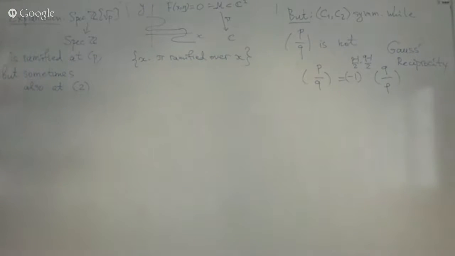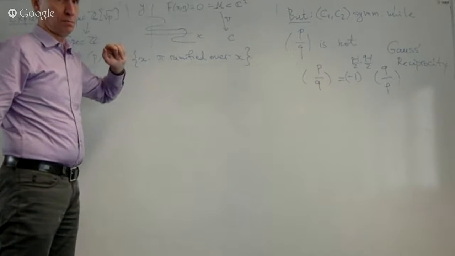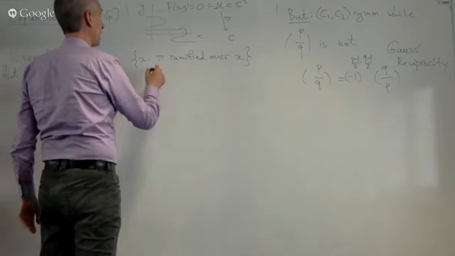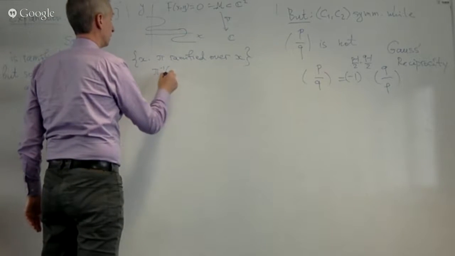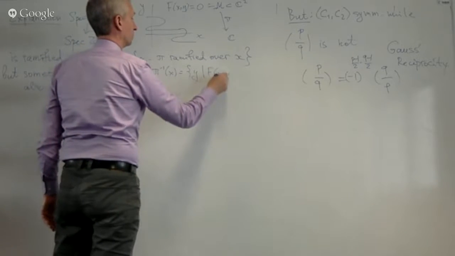Well, it is given by the discriminant of this equation with respect to y. Pi minus 1 of x is the set of y for which f of xy equals 0.